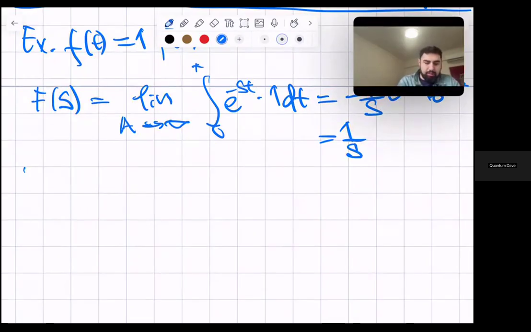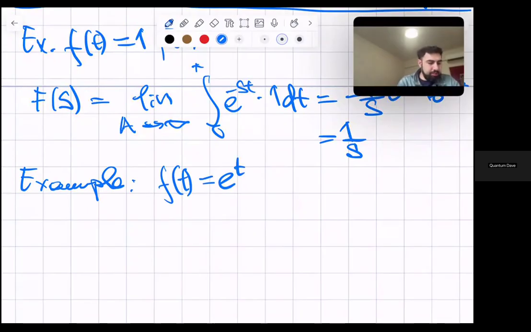And let's look at a second example, which will look at the Laplace transform of the exponential function. And it's very easy to see that we will make just a shift in a variable.